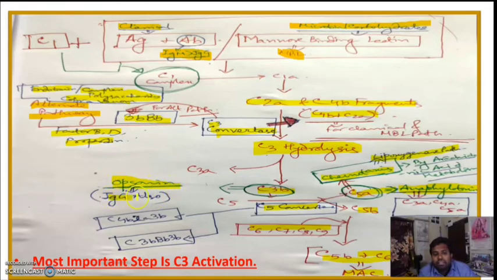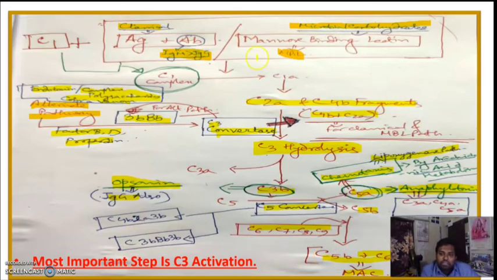Opsonins are IgG, C3b, etc. They make the offending agent more palatable to macrophages, neutrophils, and phagocytes. So they help these killer cells to kill the bacteria and to endocytose those offending agents.